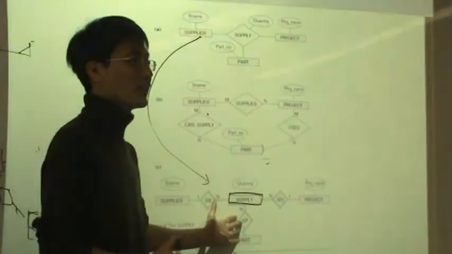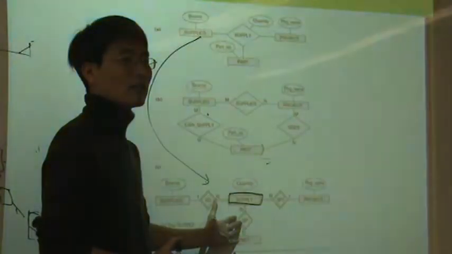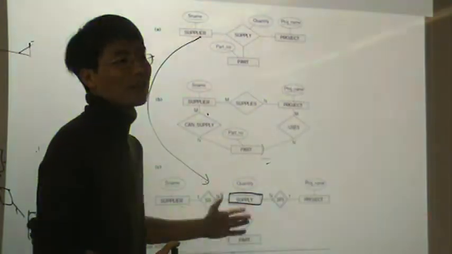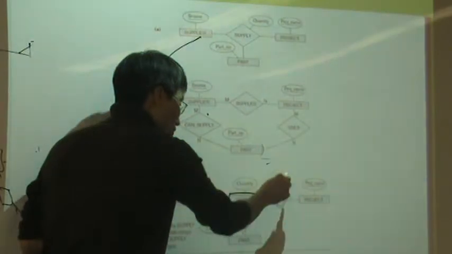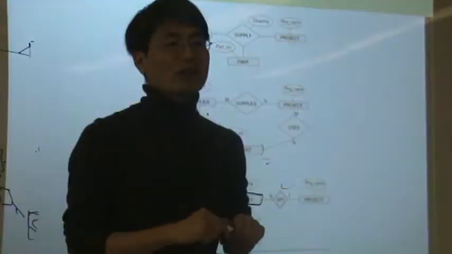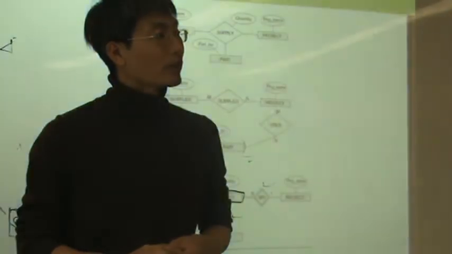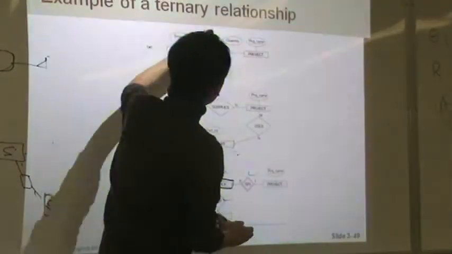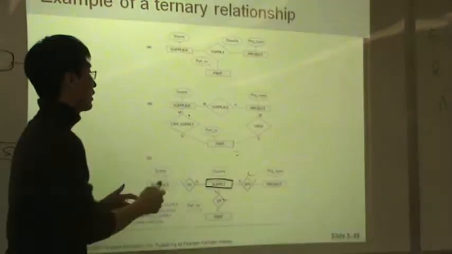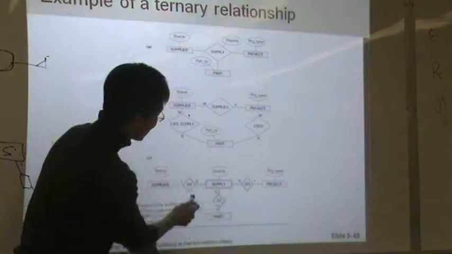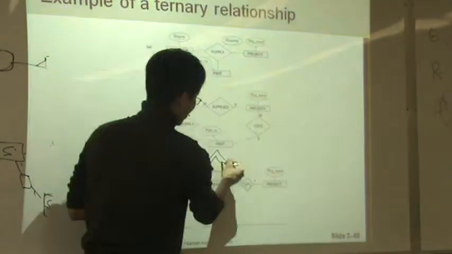However, this one causes a performance problem. Why? You need to check this one, this one, this one. There are three conditions, right? So anyway, whenever you have such a binary relationship, you can convert it to either this one or this. This one used to be bigger.